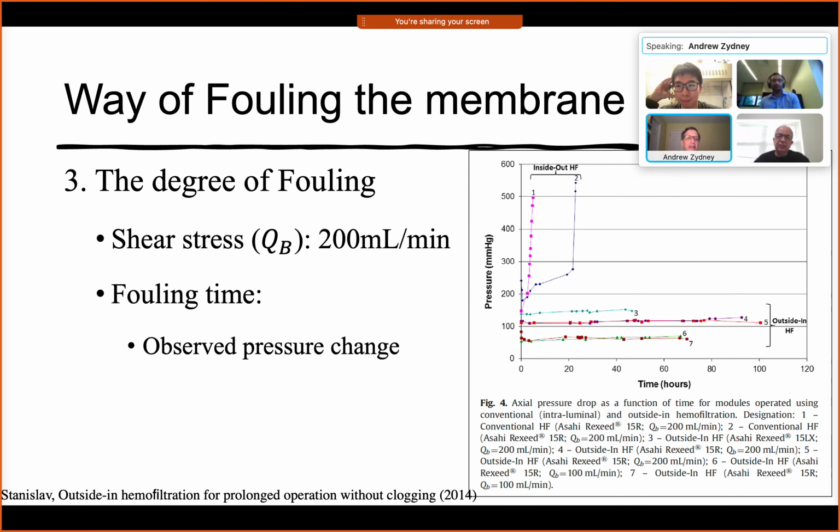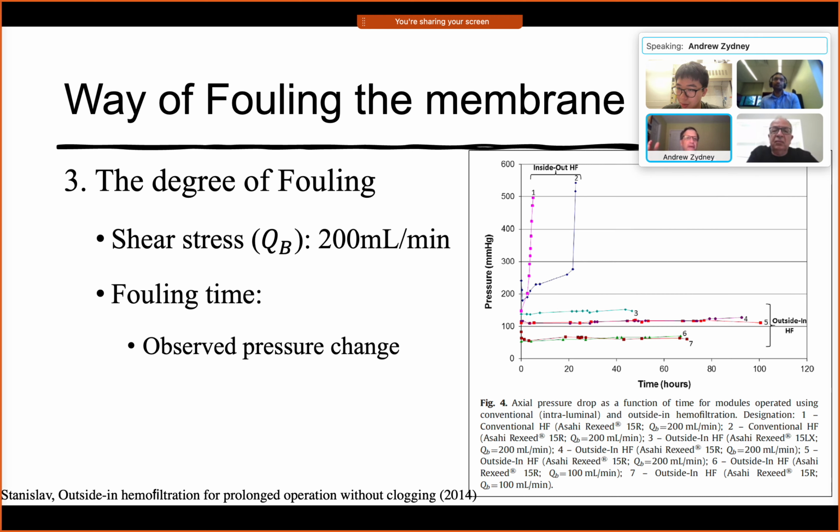Right. The questions you ask, though, are good ones, because when the membrane is used in the conventional orientation, most of the fouling is going to be outside of the membrane, because very little BSA is able to cross that selective barrier in these filters.